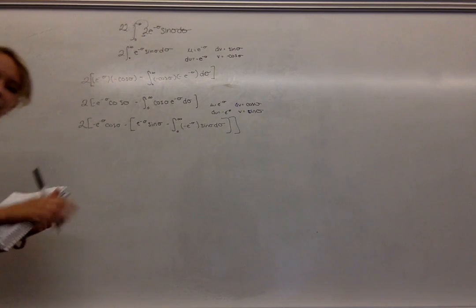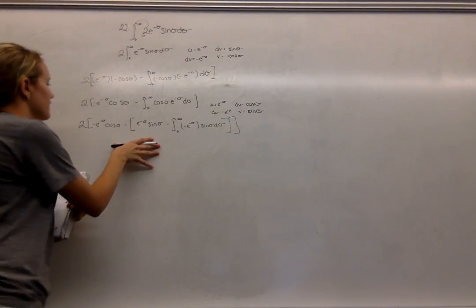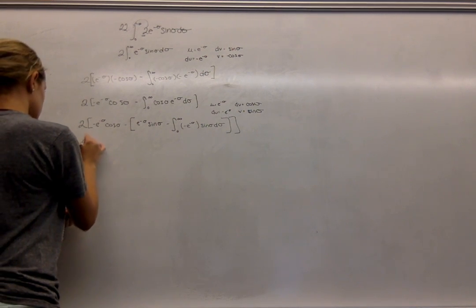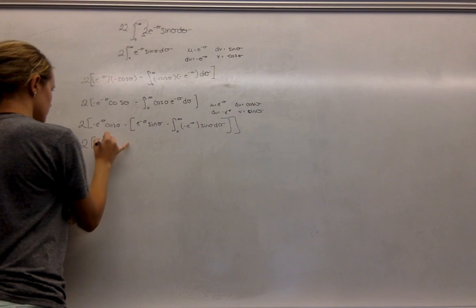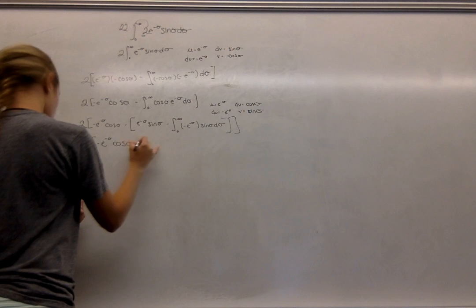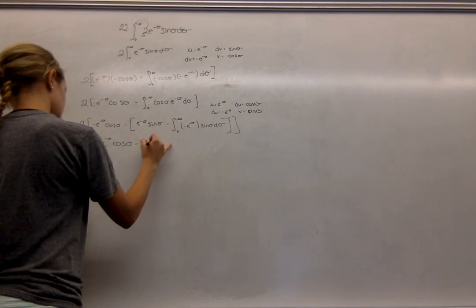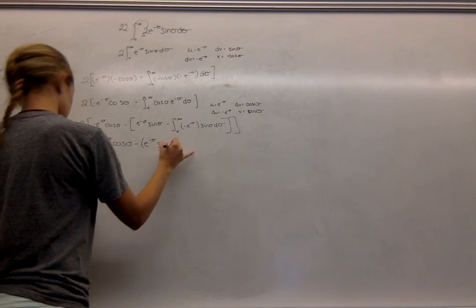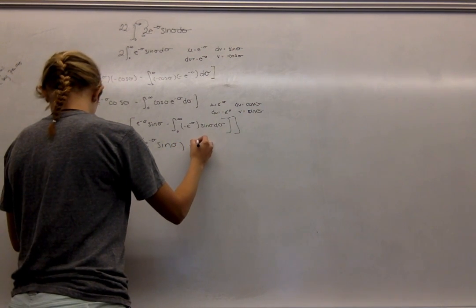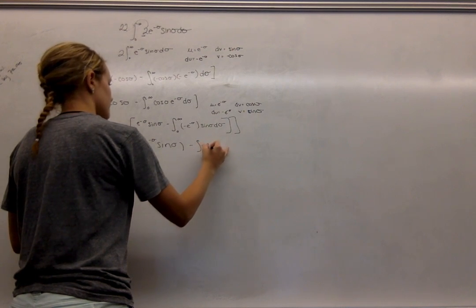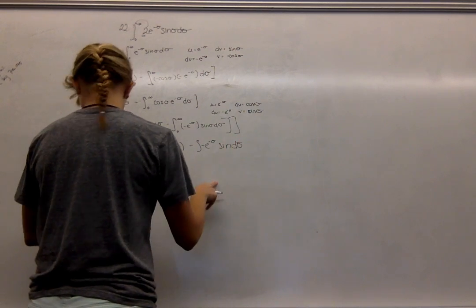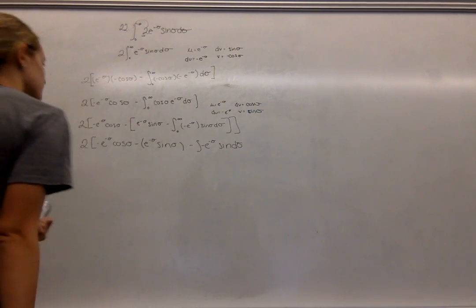Now from that step we're just going to simplify this mess. So we're going to say it's equal to 2 times negative e to the negative theta cosine theta minus e to the negative theta sine theta, minus the integral of negative e to the negative theta sine theta d theta. All right, one more step.